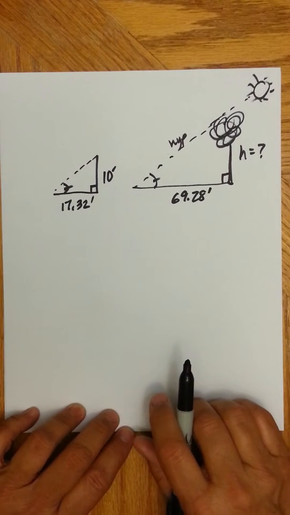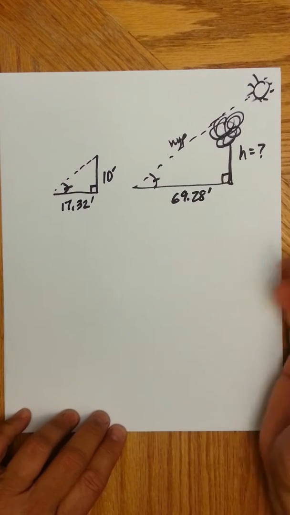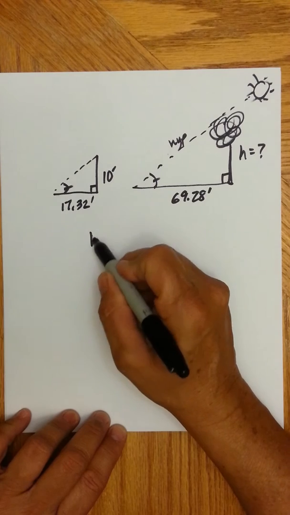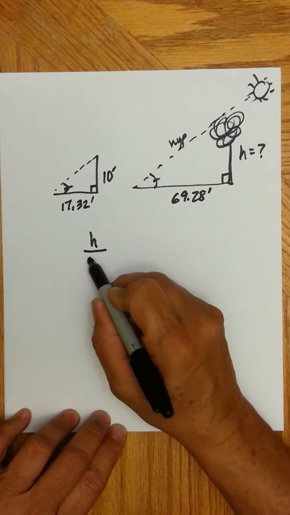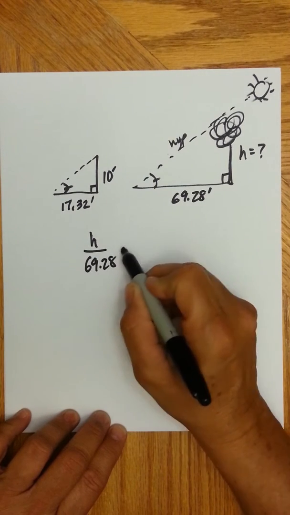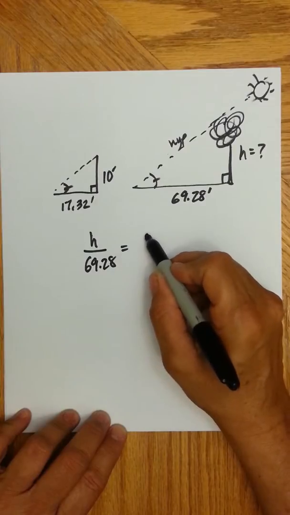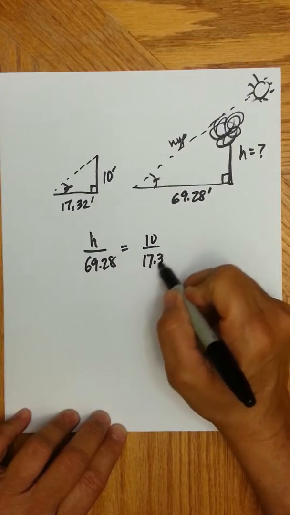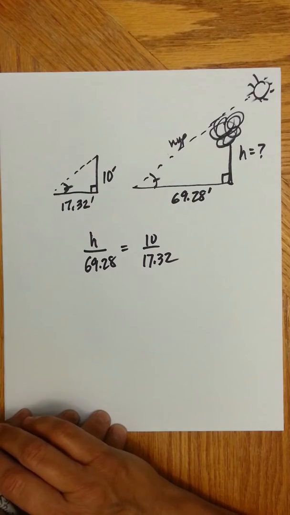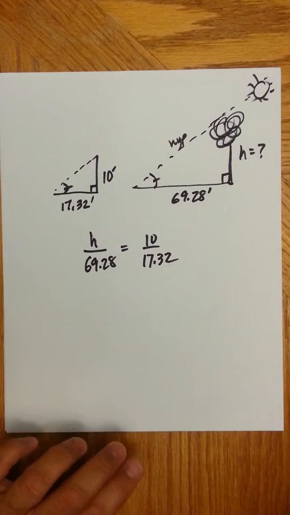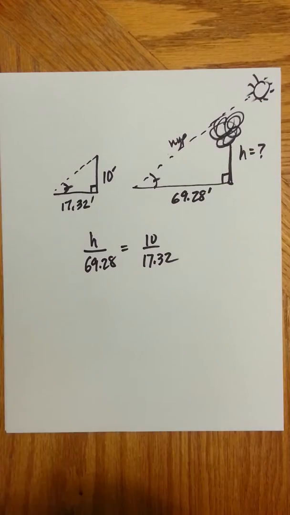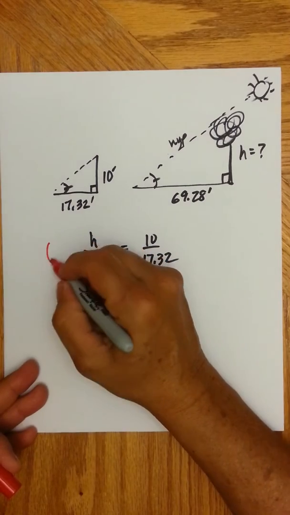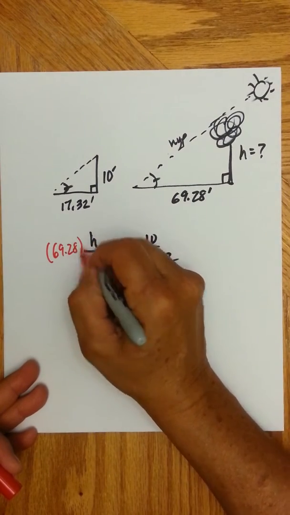Because they're similar triangles, I can set up a proportion and say something like, what I'm looking for, H, is to 69.28 as 10 is to 17.32, right? And then if I want to solve this, I can just multiply both sides by 69.28.